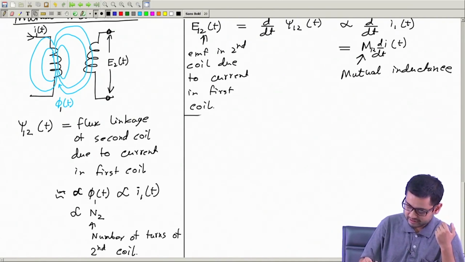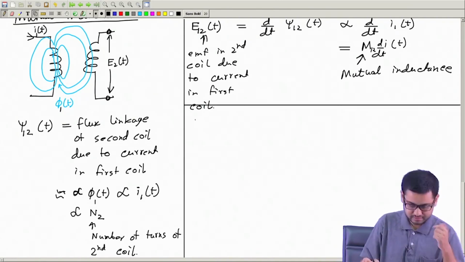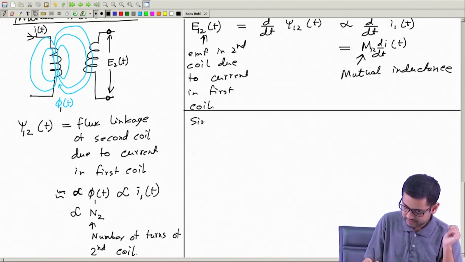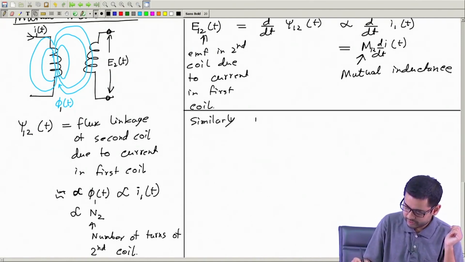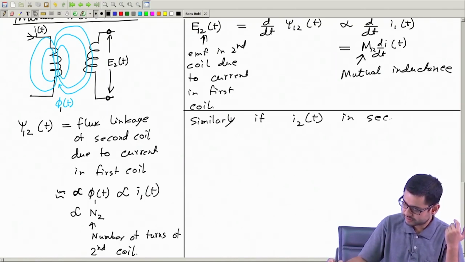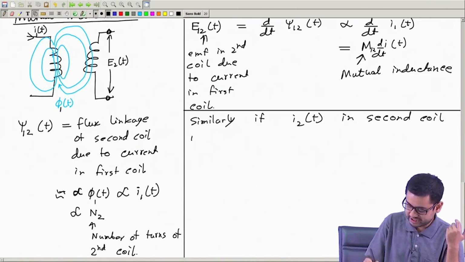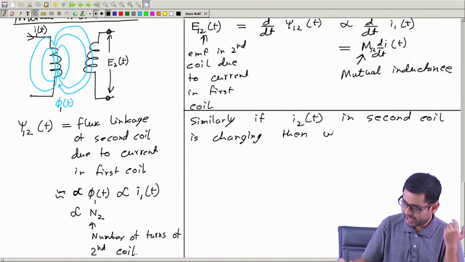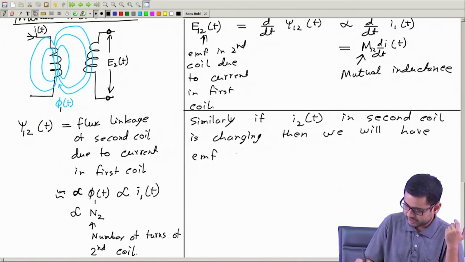Now similarly, if we pass a current I2, if I2 in second coil is changing, then we will have an EMF in first coil given by, call it E21.